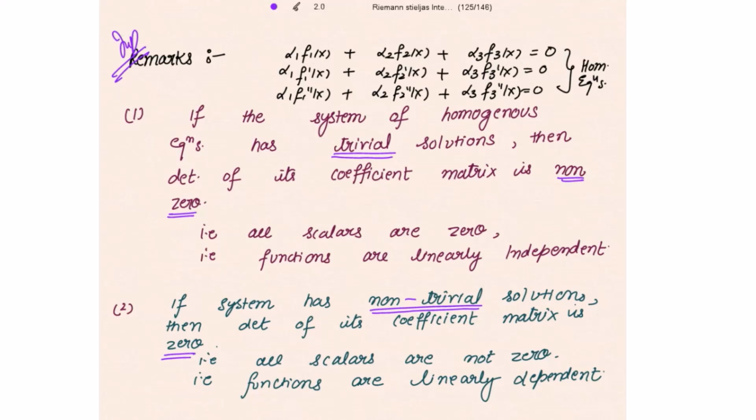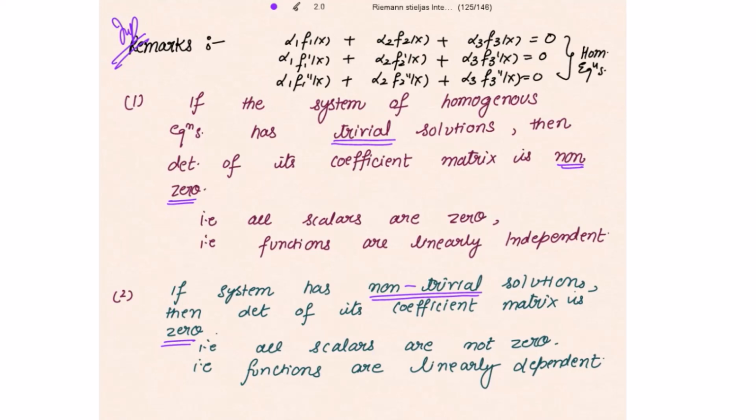The second equation is the linear combination with their first derivatives, alpha1 f1'(x) and so on, and the third one is with the second derivatives. Suppose I have these 3 as homogeneous equations, then if this system of homogeneous equations has only the trivial solution, the determinant of its coefficient matrix is non-zero. Please remember this. This is very, very important for solving the examples.